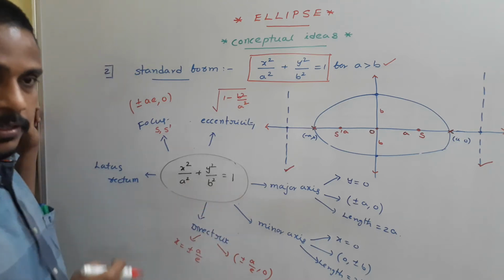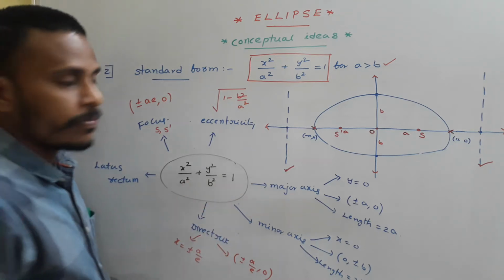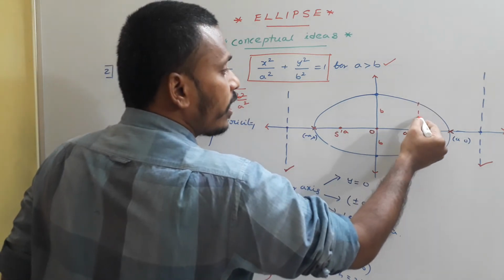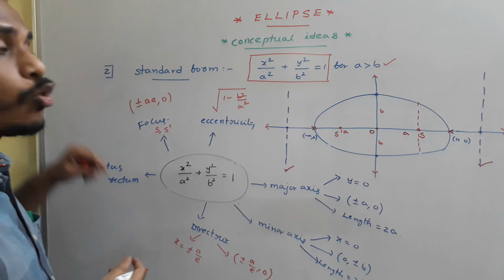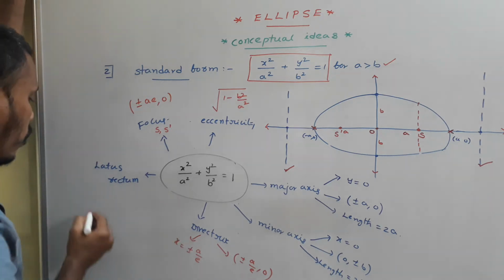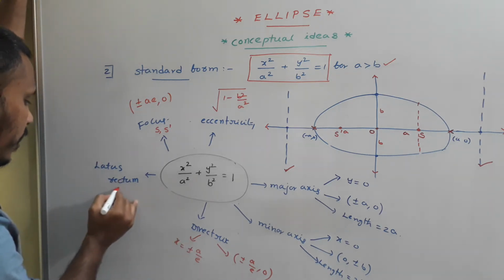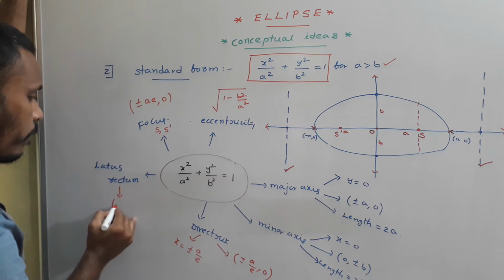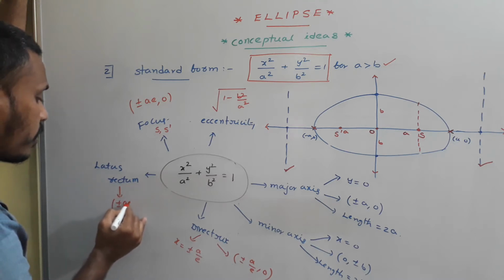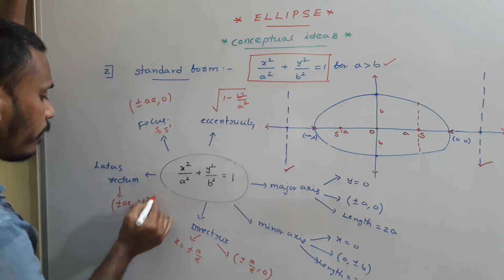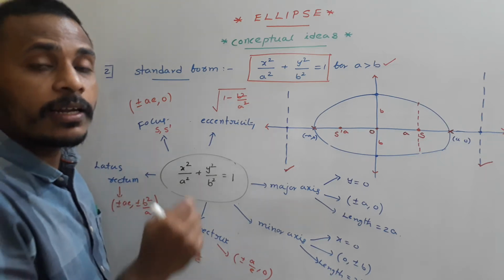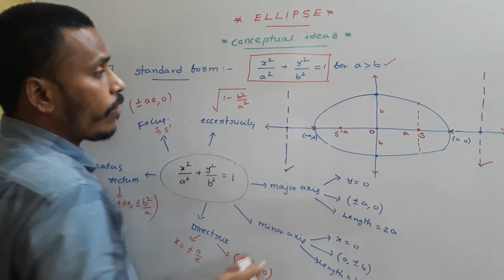This is about directrix. And the next thing is latus rectum. As we know, latus rectum is a line or chord of the ellipse perpendicular to the axis passing through the focus. So, coordinates of the latus rectum are nothing but what? (±ae, ±b square by a). Totally we will get 4 endpoints of latus rectum.